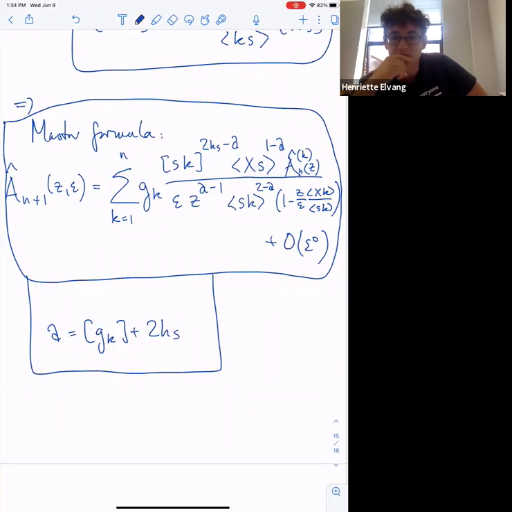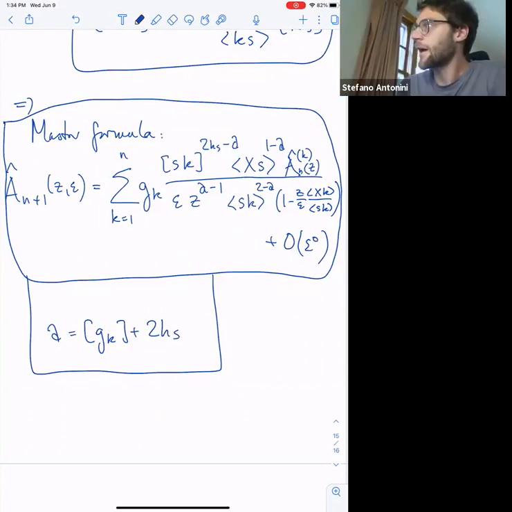Exactly. So how come that it enters master formula? I guess when you actually compute some amplitude, you have to take the limit z to 0 and then see the behavior of the amplitude when epsilon goes to 0. So you need limit for z to 0 first.